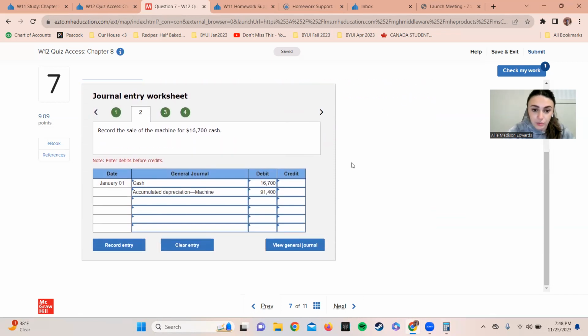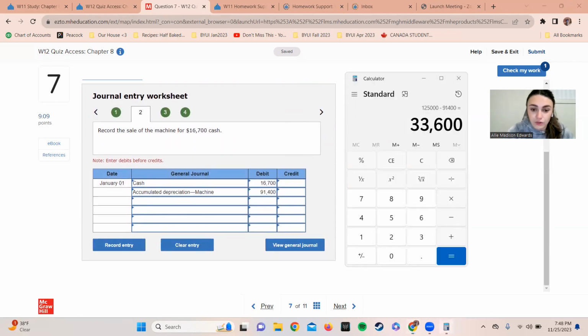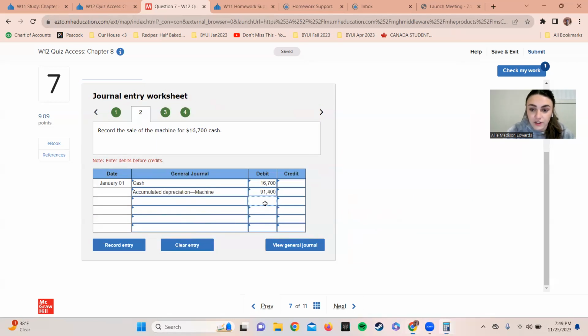If we say we have 91,400 plus that 16,700 that they sold it for, we're only at 108,100. That machine costs $125,000, minus the 16,700, minus our 91,400, leaves us with $16,900 that still isn't accounted for.